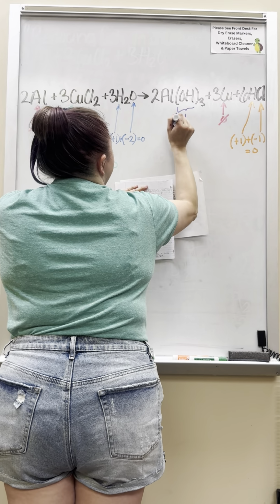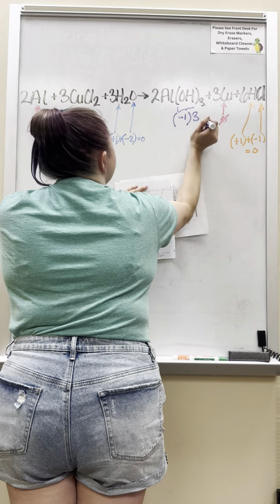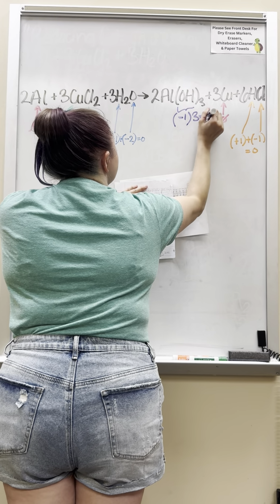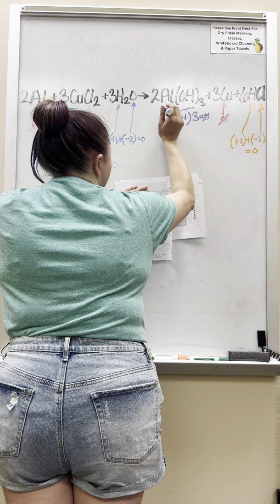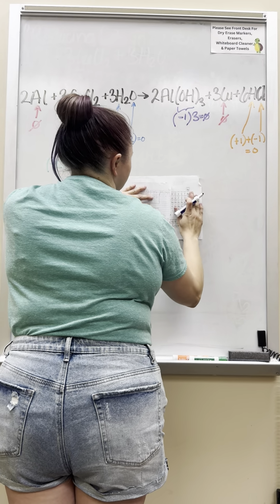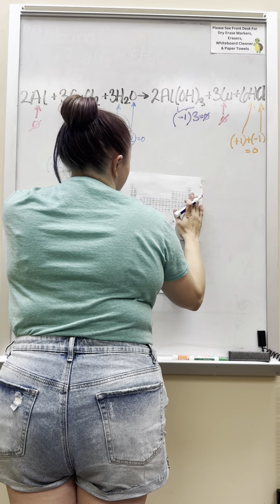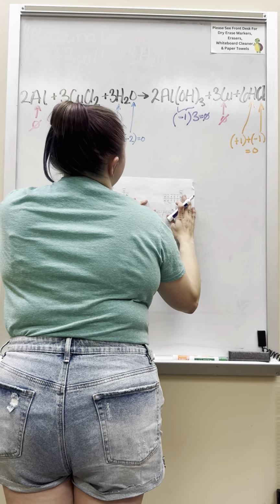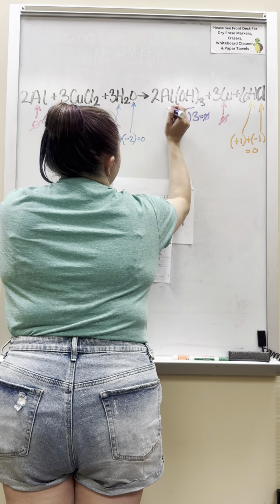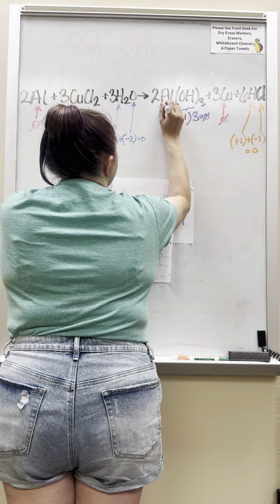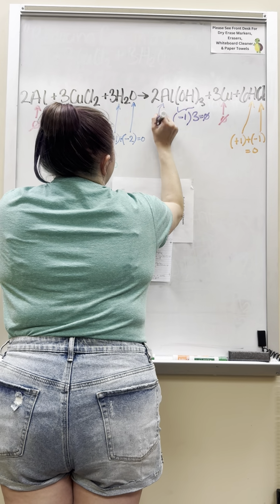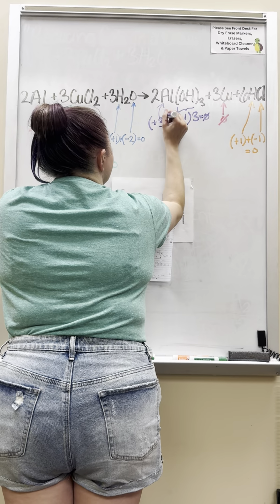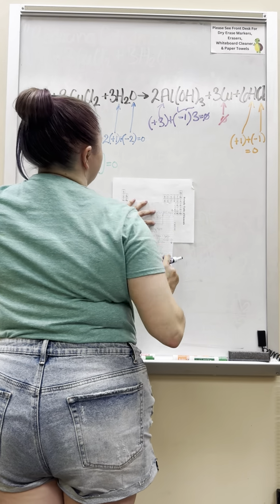You're going to multiply that -1 by 3, and it's going to equal 0. So in this case, your aluminum, sorry, again, it's getting late, is going to be +3. Okay?